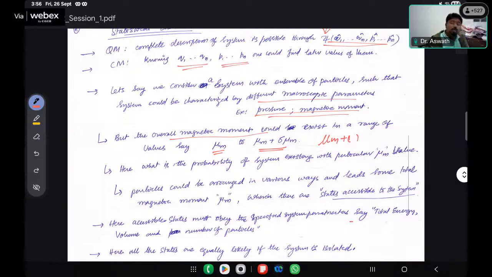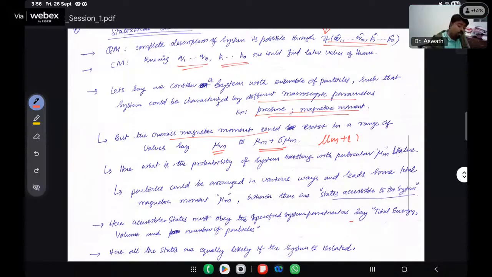Likewise, when I take quantum systems together, their overall magnetic moment would be specified within a certain range of values, not exact values. I would go from some magnetic moment value, say from fixed units to certain fixed units.